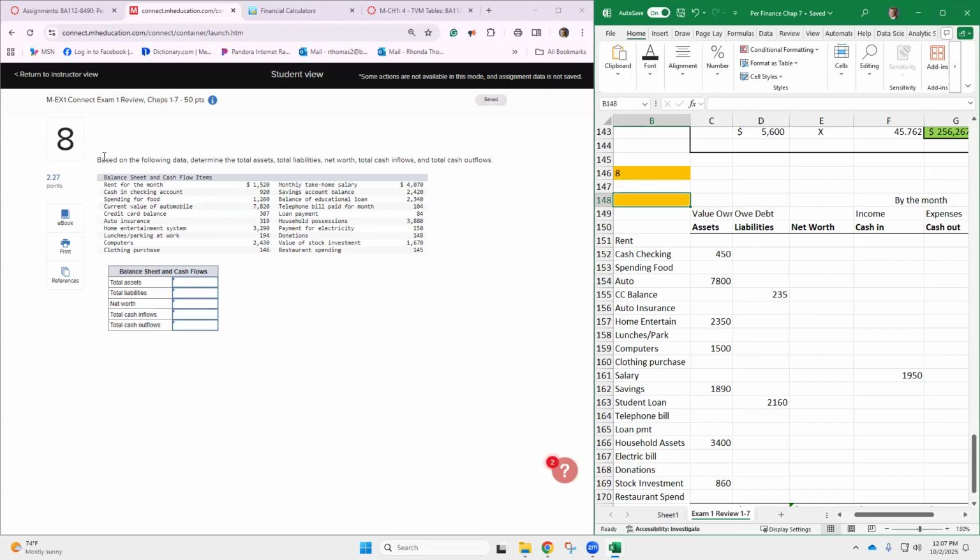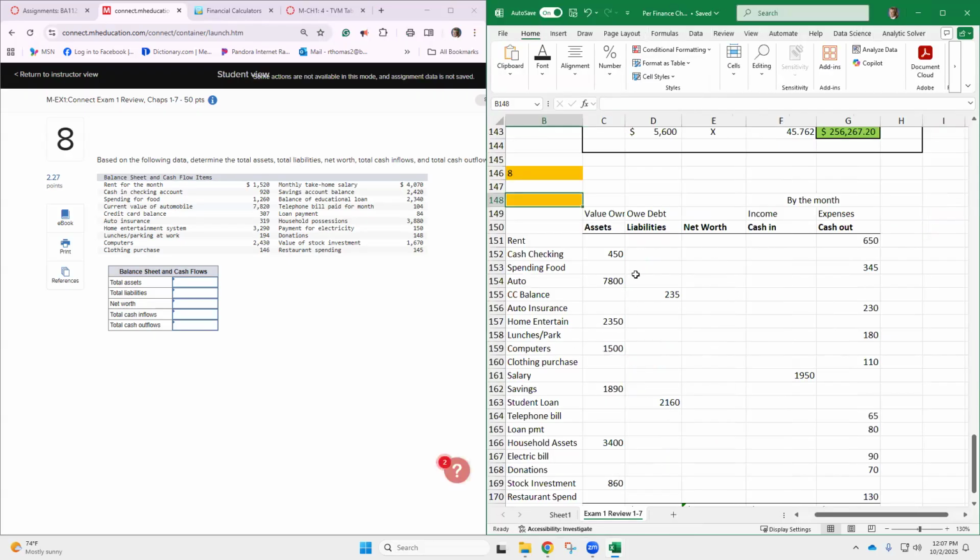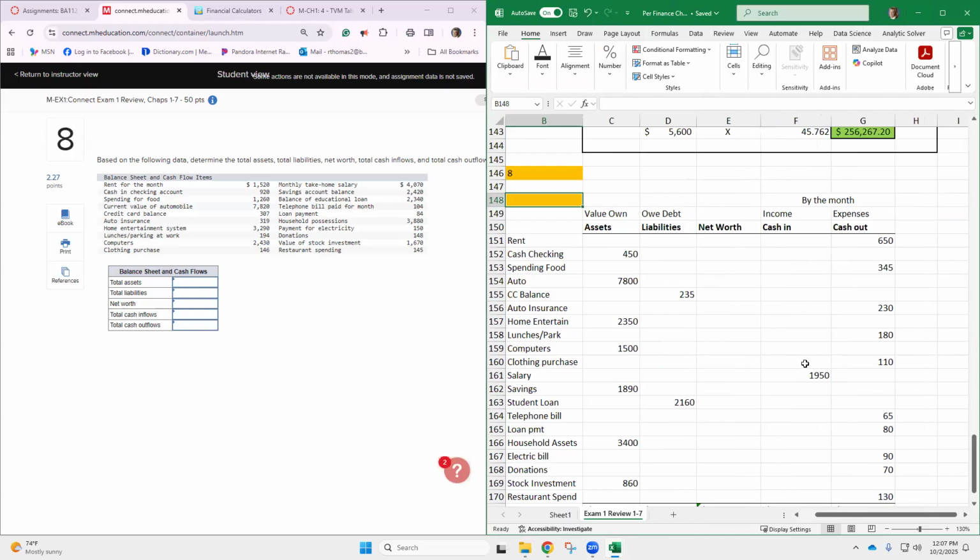So this says, based on the following data, determine the total assets, the total liabilities, the net worth, the cash inflow, and the total cash outflow. Assets are something of value. Debt, or liabilities, are something that we owe. There's only one cash in for this whole problem, and that is your take-home salary.